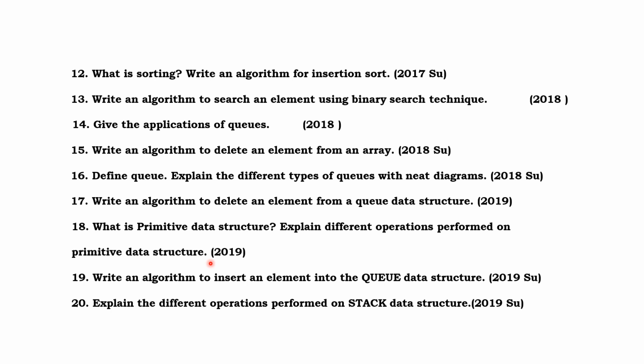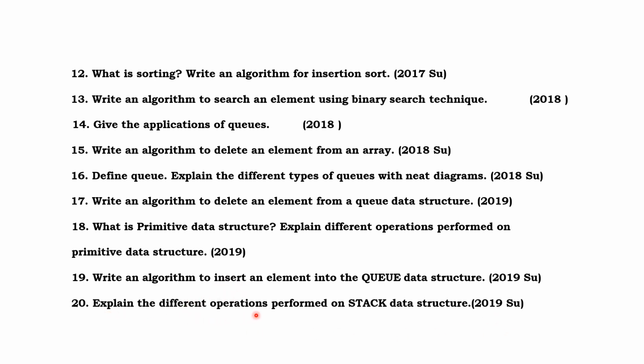Each one 1 mark. Primitive data structure definition 1 mark. Then 2019 supplementary. Write an algorithm to insert an element into the queue data structure, insertion in queue.